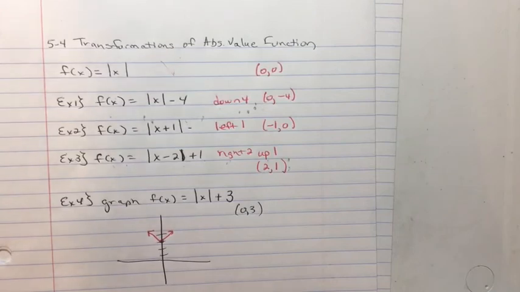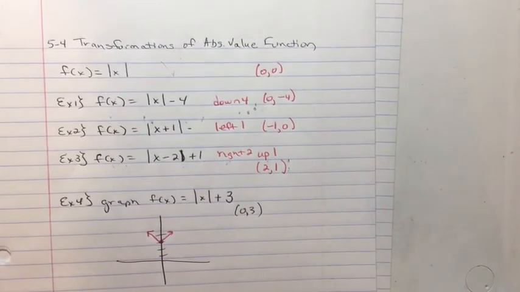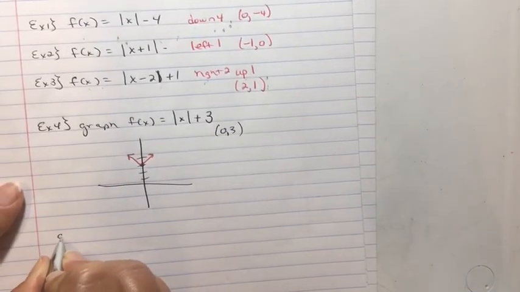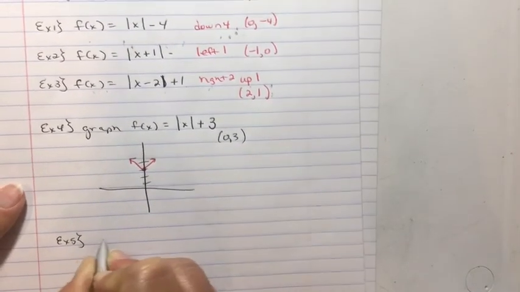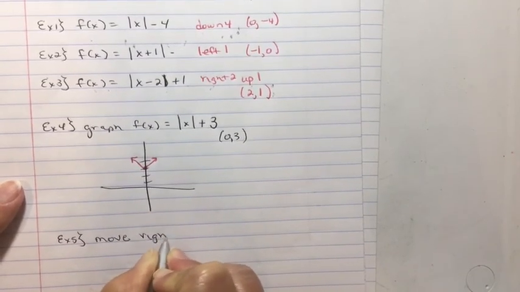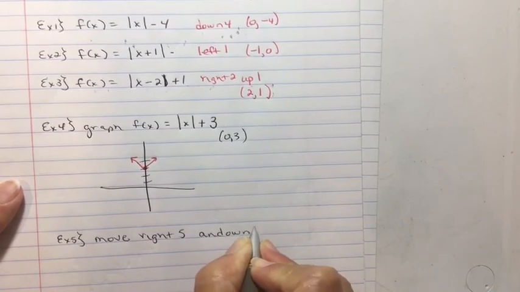Now we also learned with parabolas that if you put a value here, it would make it wider or narrower. For the purpose of what we're going to do here, I don't believe we're actually going to do that in this topic. We'll save that for Algebra 2. Now, I want you to give me an absolute value function that is going to move the graph right 5 and down 7.